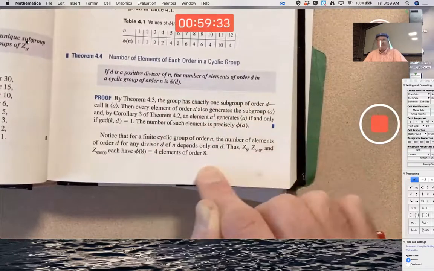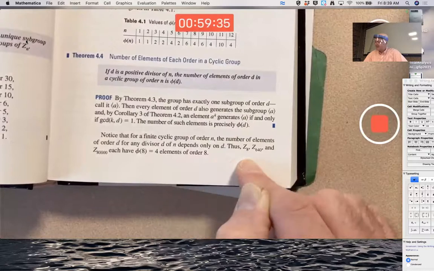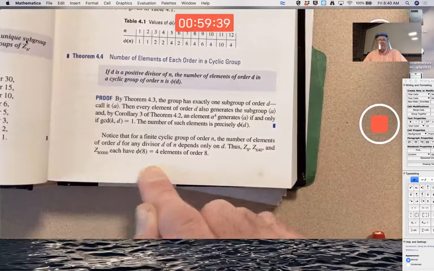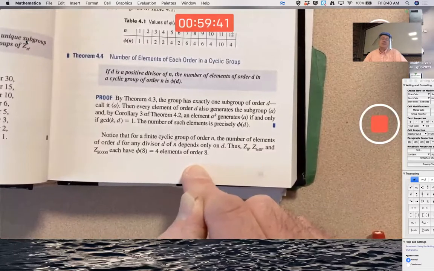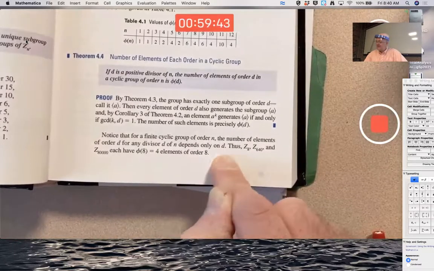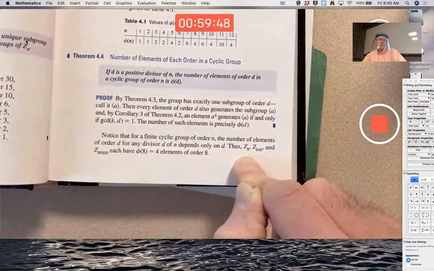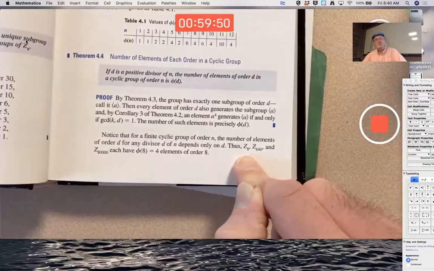And that's something the book emphasizes down here. Z8, Z640, Z80,000 each have 4 elements of order 8. They're different elements. In Z8, the elements of order 8 would be its generators 1, 3, 5, and 7.